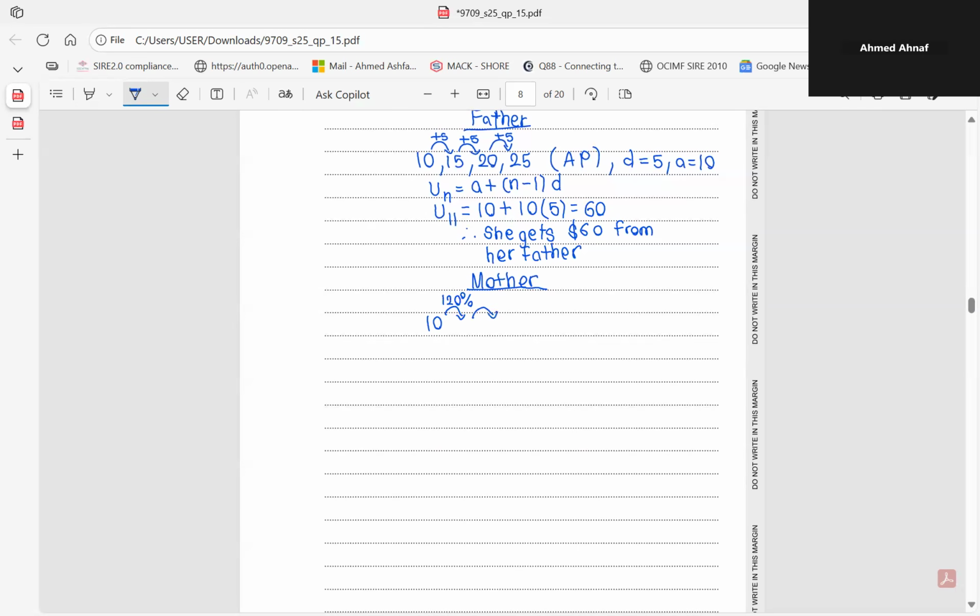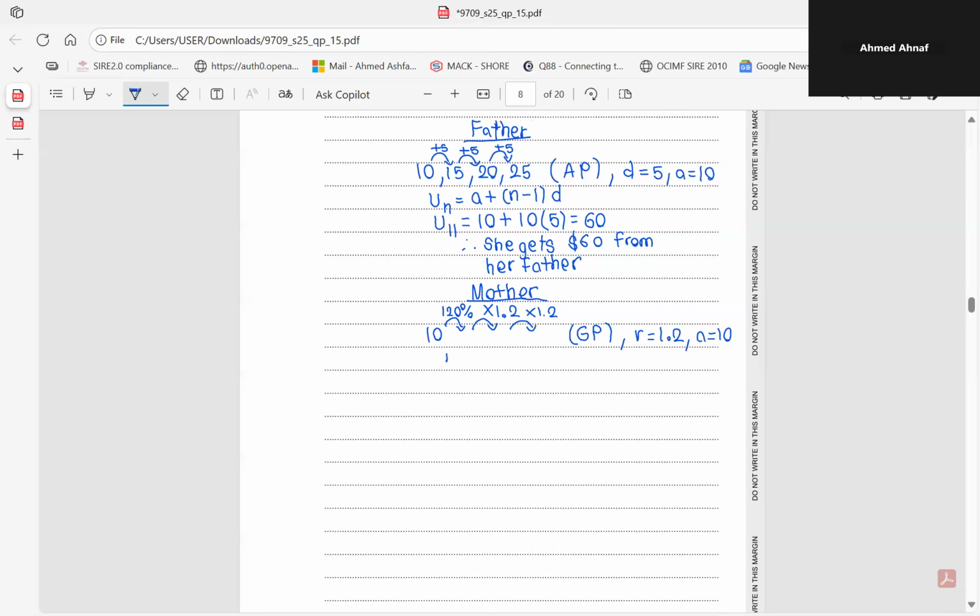And then the next one also times 120%. And 120% is equivalent to multiplying by 1.2. So as you can see, to get the next term, all you have to do is multiply by 1.2, and hence this is a geometric progression where the common ratio is 1.2. And the first term is 10.